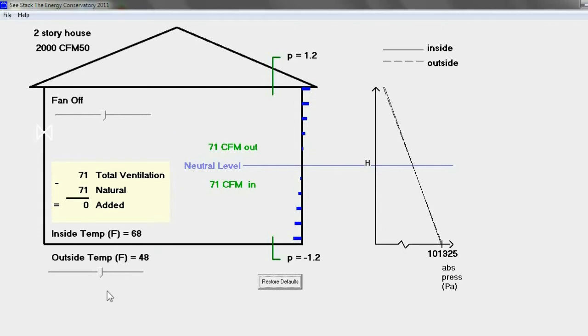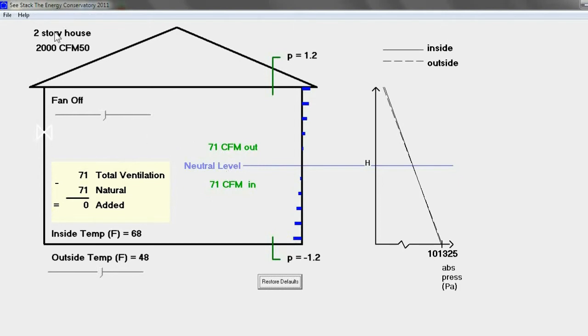As we adjust those, what will be affected is the pressure at the top of the building, the pressure at the bottom of the building, the neutral level may move, and the total ventilation rate and the added ventilation rate may change. And remember, our CFM in always must equal our CFM out. So we'll see how all of these things interact.